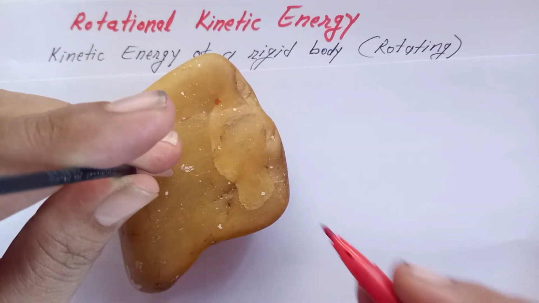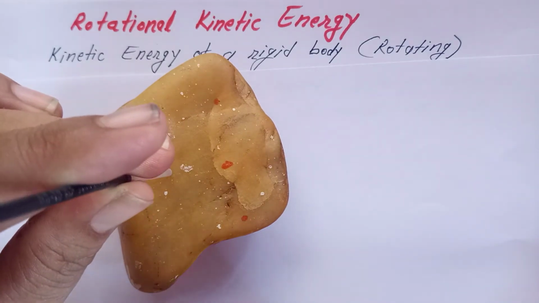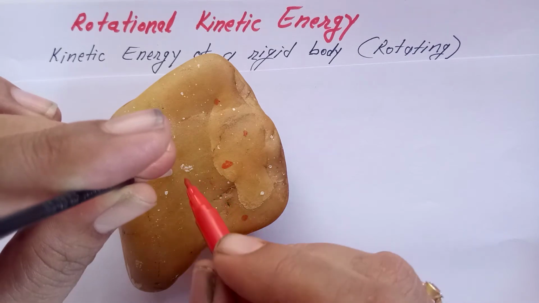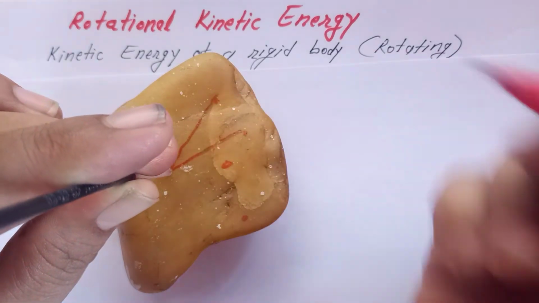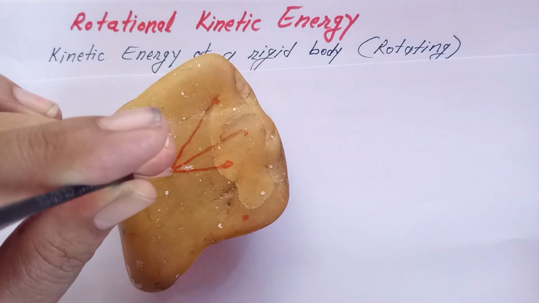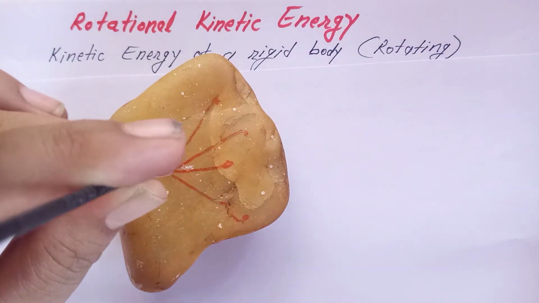Suppose this is a particle m1, this is particle m2, this is particle m3, up to mn we can consider the different particles and their respective distance from the axis of rotation. Suppose the first particle is at a distance r1, the second particle is at r2, the third particle is at r3. Similarly, the nth particle is at a distance rn, and the body rotates.